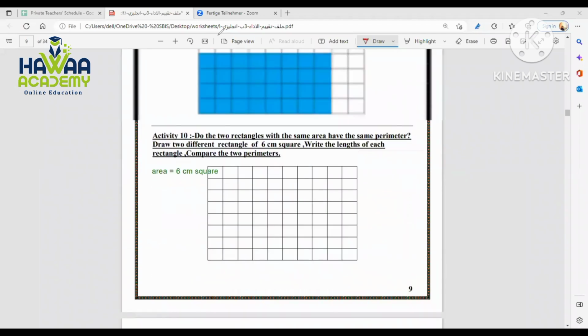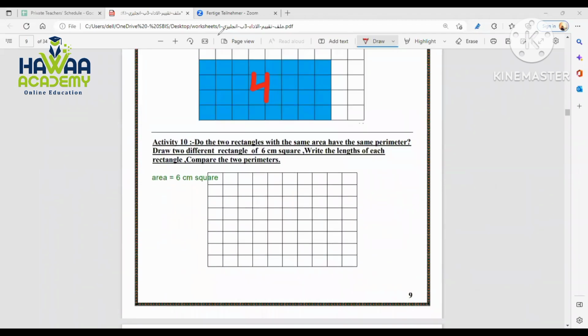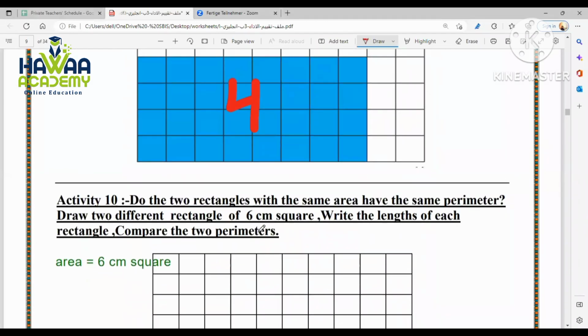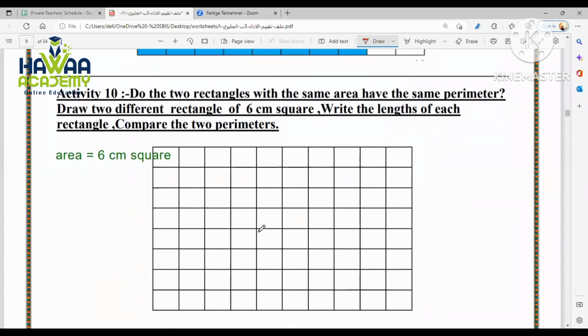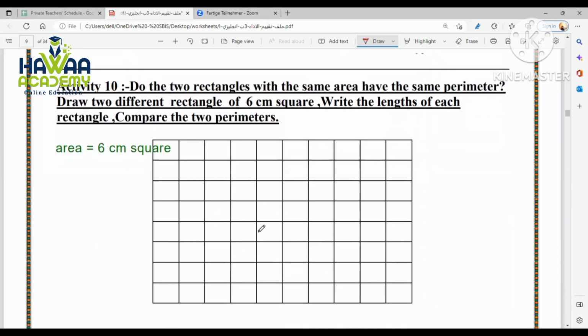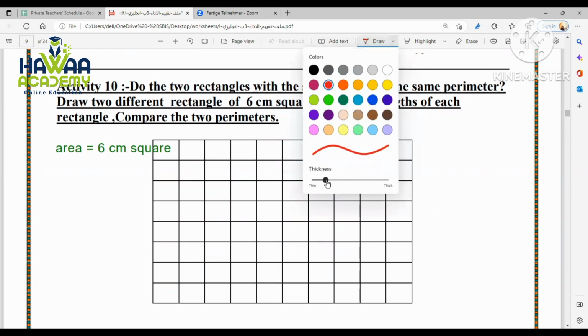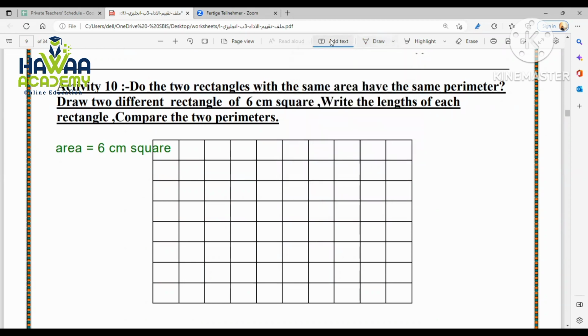Now let's go to the next question. We want to draw 2 rectangles with the same area. The area here is 6 square centimeters. So let's find out. I want to find the area and I need to make it 6.